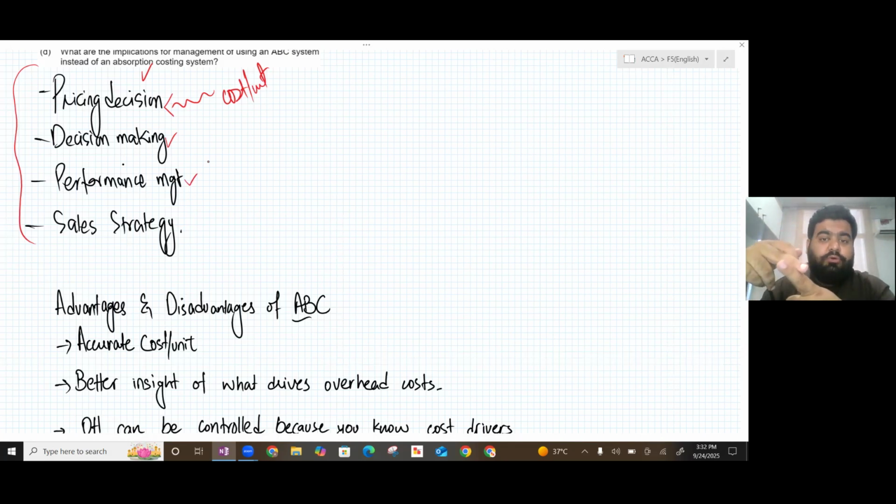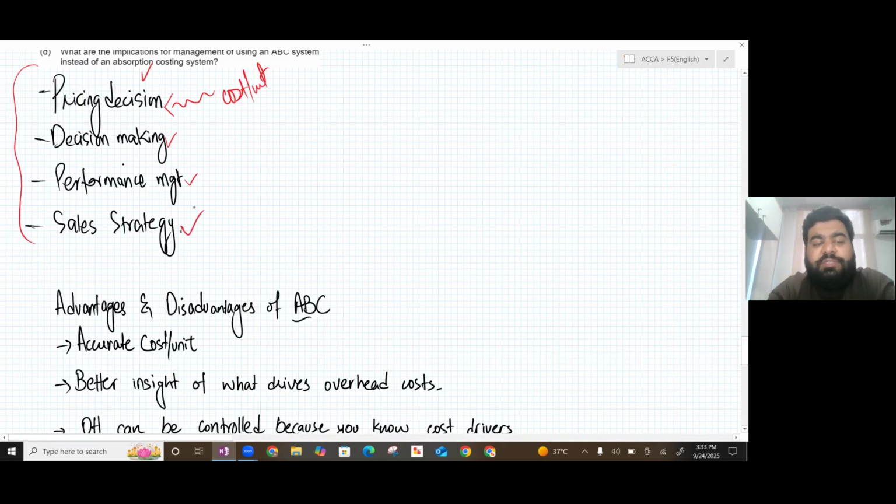It was $10 cost, but actually according to ABC the cost was 13. So if your pricing decision is good and proper using ABC, decision making will be good, and performance management will be good. You will be able to measure the performance of the manager more accurately if you're using ABC, because you have better insights as compared to absorption costing.